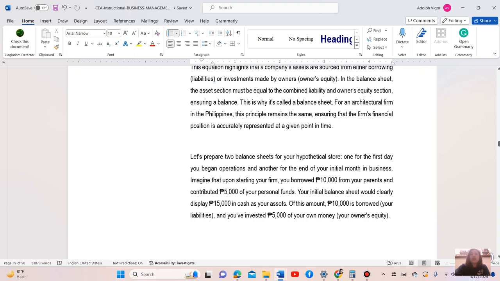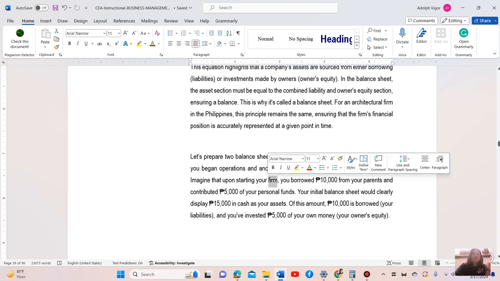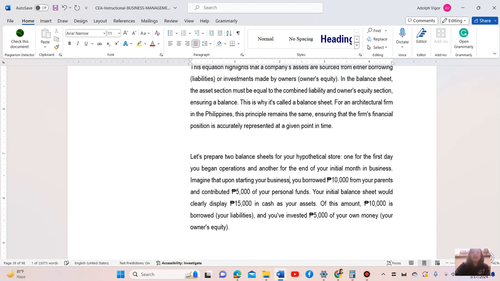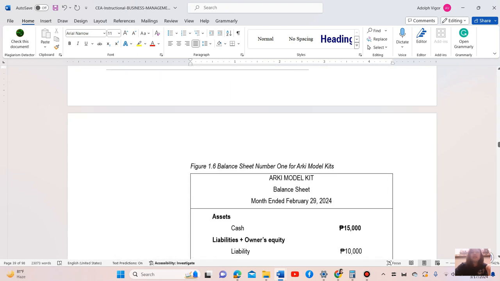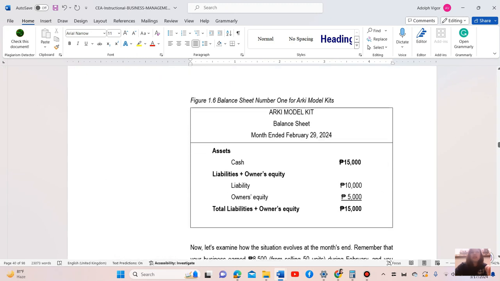So upon starting your business, as you can see in figure 1.6, the balance sheet number 1 for Archi model kits, your assets are in cash, because this business is based on cash basis accounting. So you have cash of 15,000.